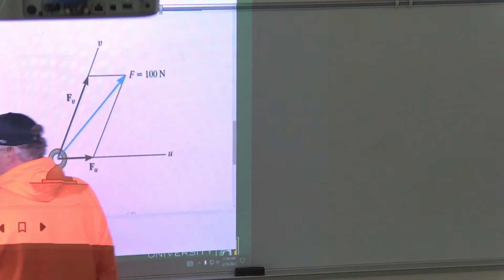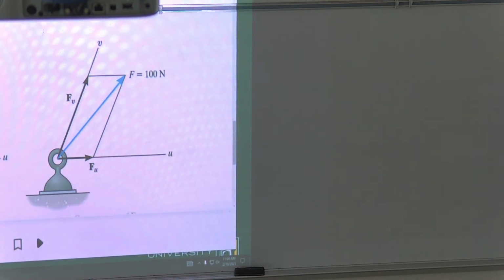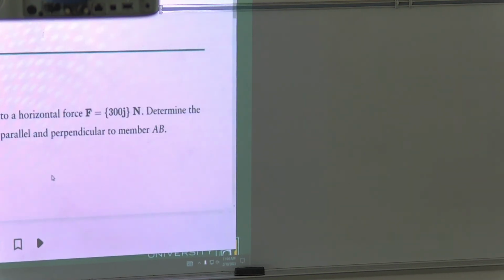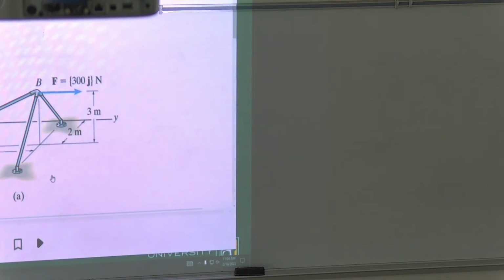And so let's look at another one. That one was pretty easy because you didn't have to set up a coordinate system or anything. Let's see if he's got one where you have to set up a coordinate system. Oh, this is a good one.